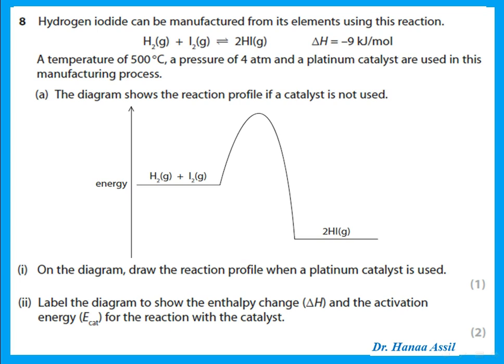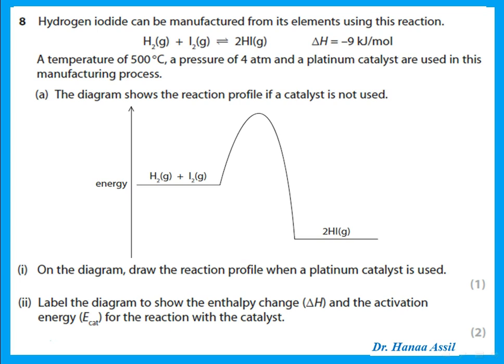Hydrogen iodide can be manufactured from its elements using this reaction. So he has a reaction of hydrogen plus iodine to give hydrogen iodide, and the delta H is minus 9. Remember, when the delta H is a negative number, that means that this reaction is what?